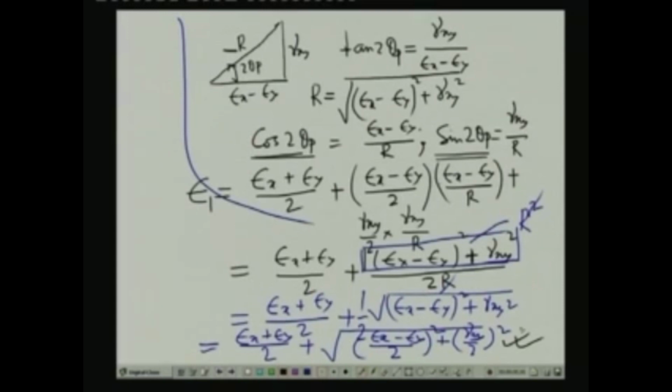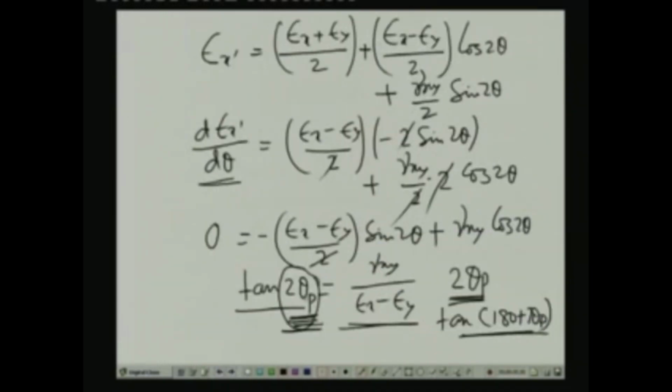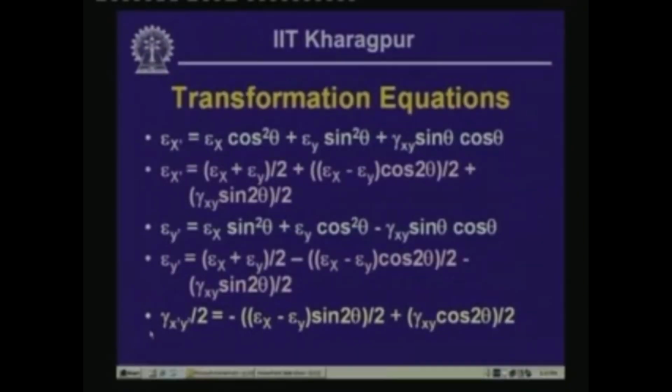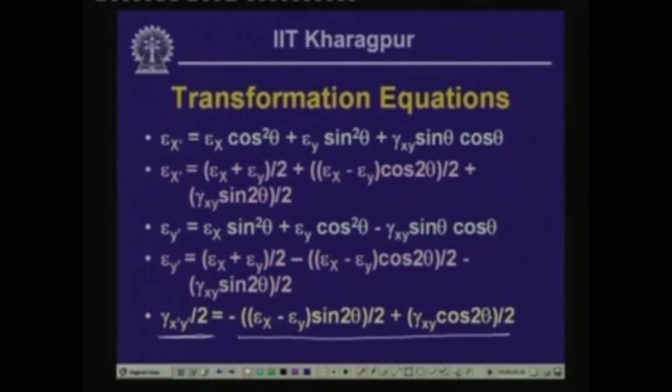Now if we look into the expression for the shear, the shearing strain γx'y' is given as this. We have already seen that the angle at which the maximum normal strain occurs is tan 2θp equal to γxy/(εx − εy).